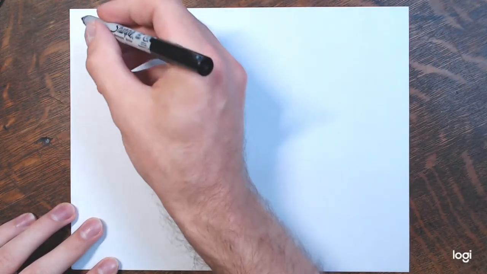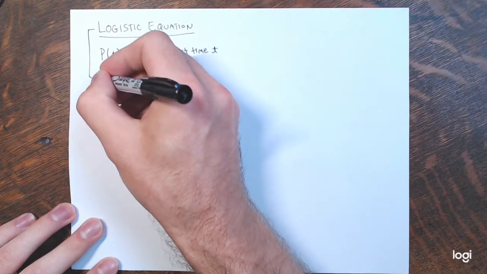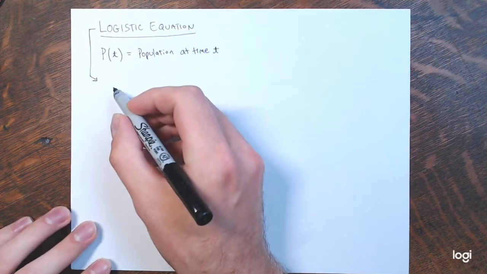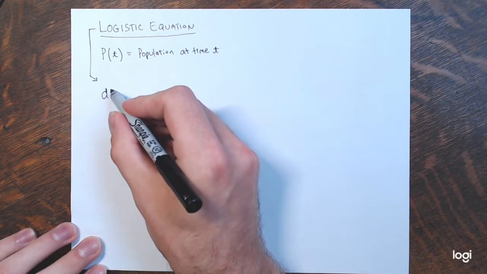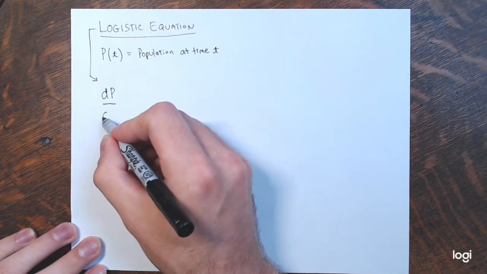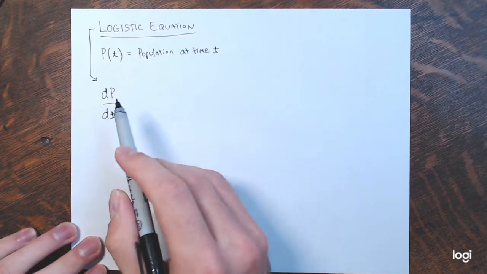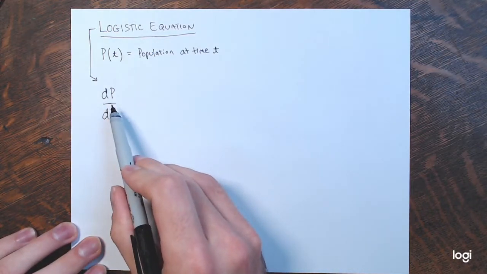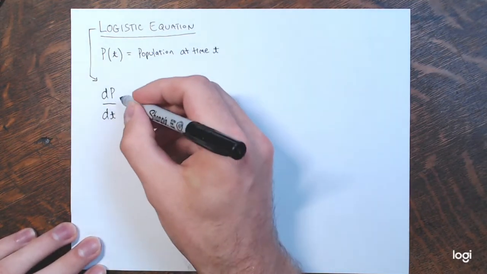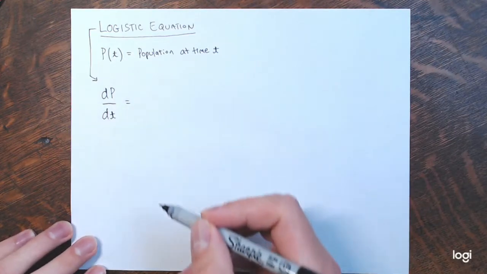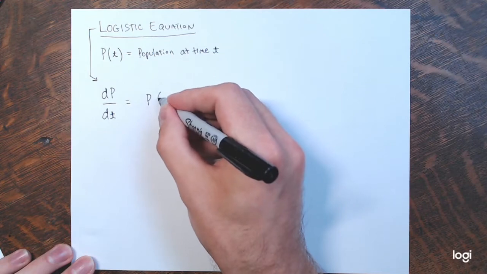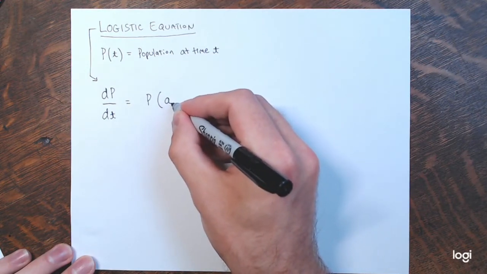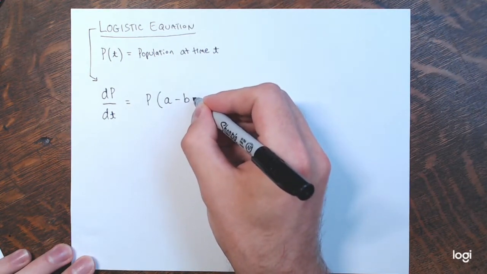Now the logistic equation takes on the following form. It is dP/dt, the rate at which the population is changing over time, equal to P multiplied by (A minus BP).